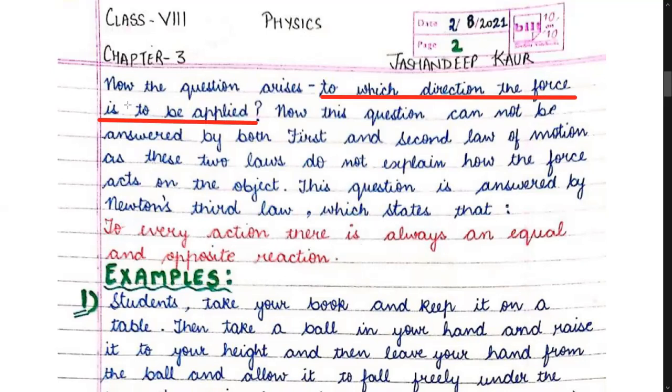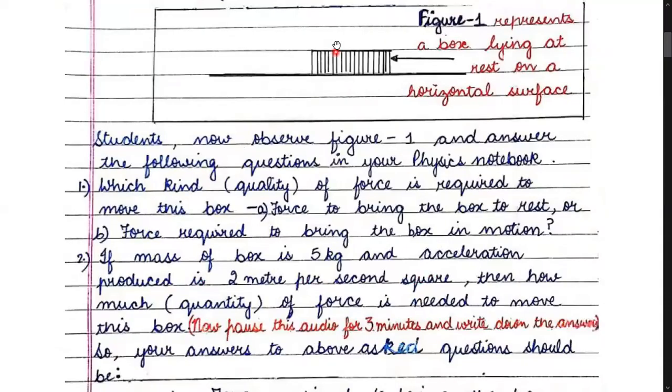Force is a vector quantity. It depends upon direction. But till now, I have not told you whether we have to apply the force towards right side or towards left side or in an upward direction or in downward direction. This is yet not known to us.